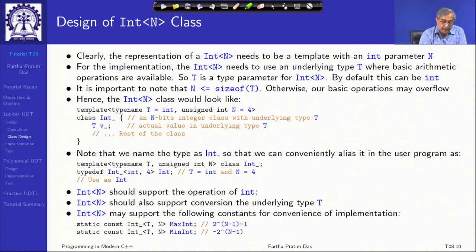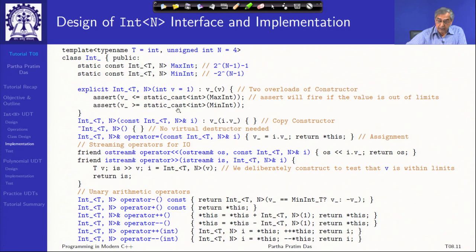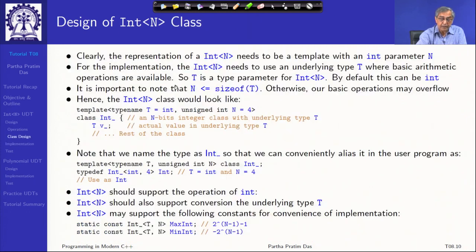So, I will have a template integer parameter, that is a non-type parameter unsigned n, and I have just given a default value 4. So this is for the interface, this is what the user will need. But to be able to implement this, I need an addition operation or subtraction operation, multiplication operation of some predefined types.